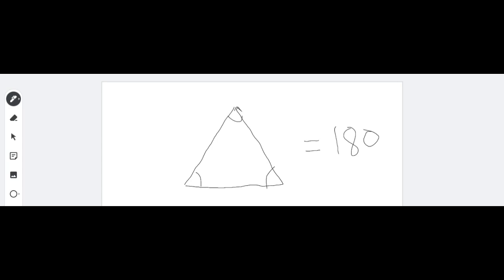How can you divide this 180 into three angles with the same number? 180 divided by 3, what will be the answer?